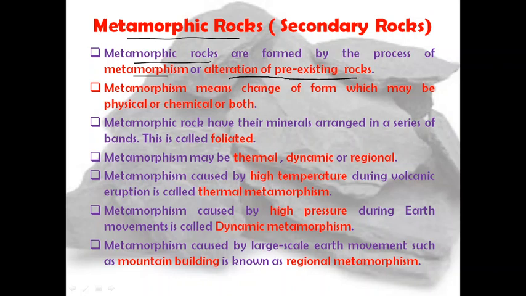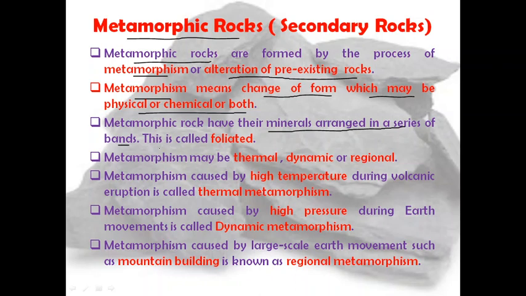Now, we can define metamorphism as change of form, which may be physical or chemical or both. So metamorphism means change of form of the rock, and this change may be both physical as well as chemical.